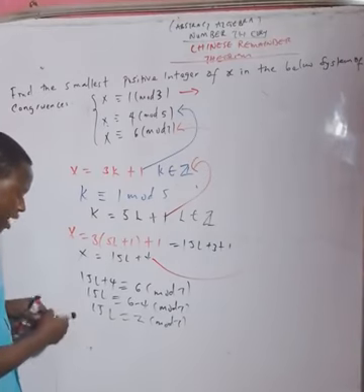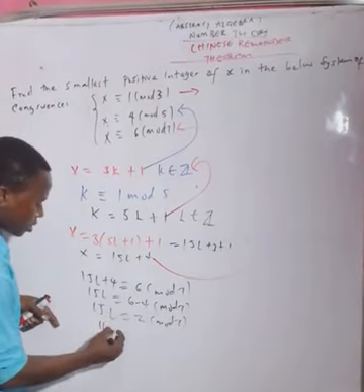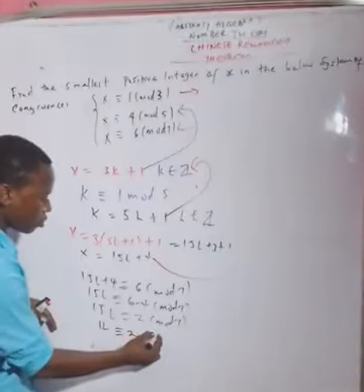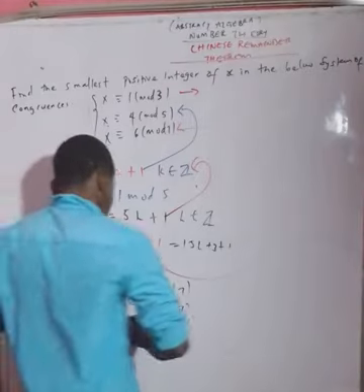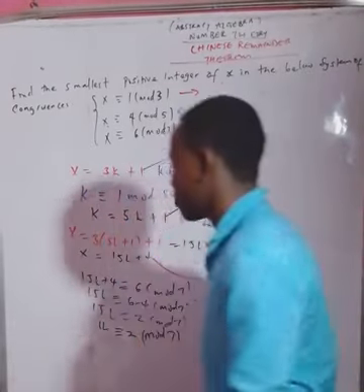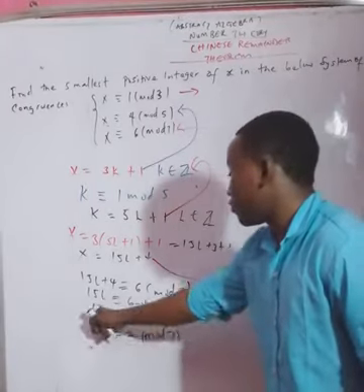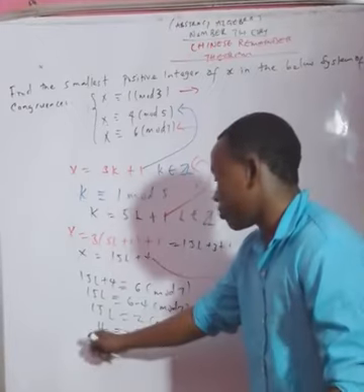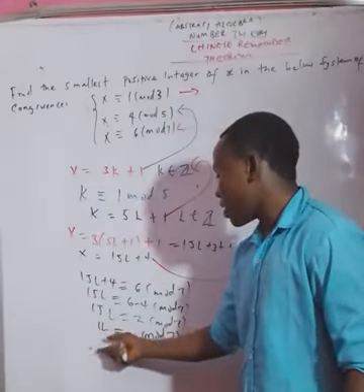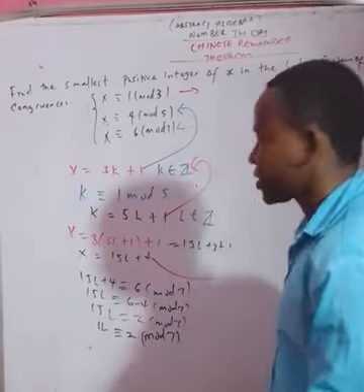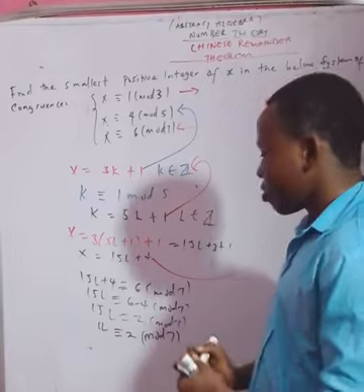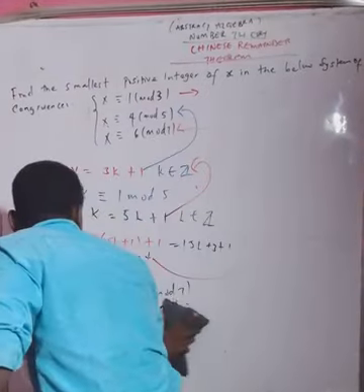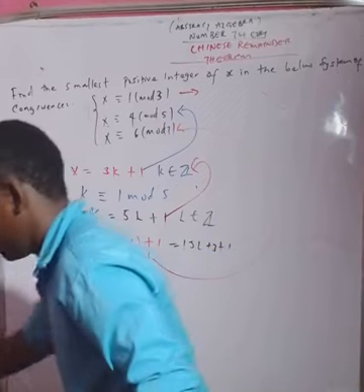So we can rewrite this as 1L is congruent to 2 mod 7. How do you get 1L? I said 15 divided by 7, so that will be 2 remaining 1. So the remainder is 1. So we have 1L is congruent to 2 mod 7. Okay? So that's where we have.